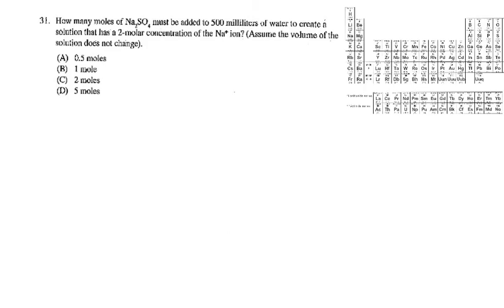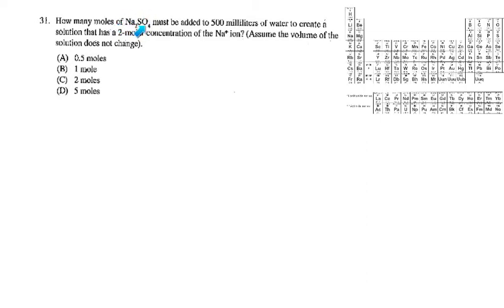Number 31, how many moles of sodium sulfate must be added to 500 milliliters of water to create a solution that has a 2 molar concentration? Okay, so let's start with this. We are only going to have to make a 1 molar solution of this whole thing.